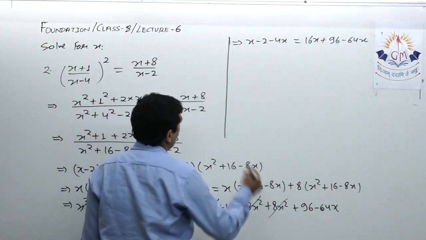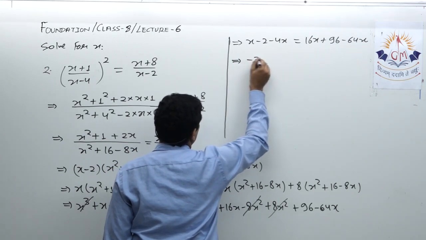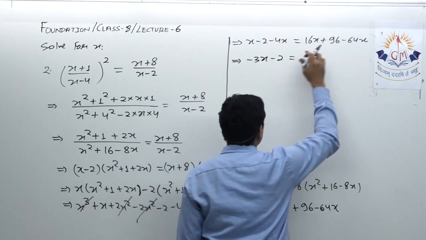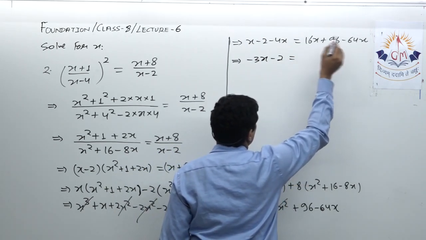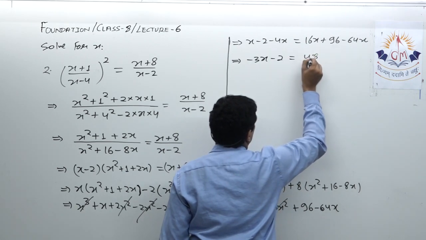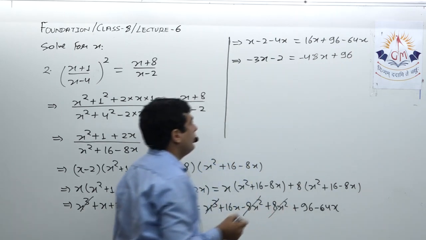Now it's almost done. So here x minus 4x is minus 3x minus 2 is equal to 16x minus 64x, minus 48x plus 96. Now what is the next step?